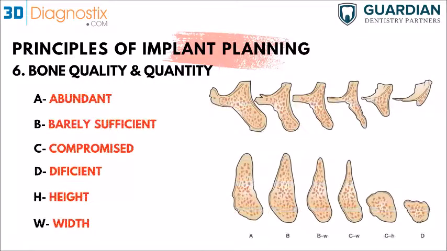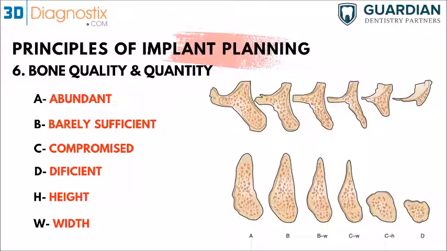And then we're going to talk about the quantity. It depends on the site, depends on the arch being restored, and depends from patient to patient. This classification is according to Dr. Misch. So we've got A, abundant bone. You can see here on the left side, we've got good height and good width. Then B, barely sufficient, where you have discrepancies in the width, length, or height of the bone.